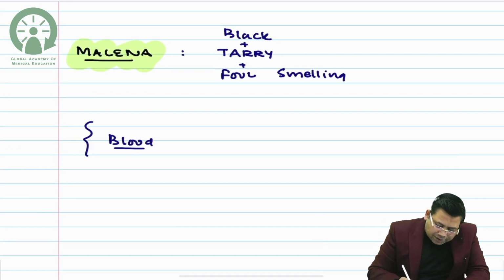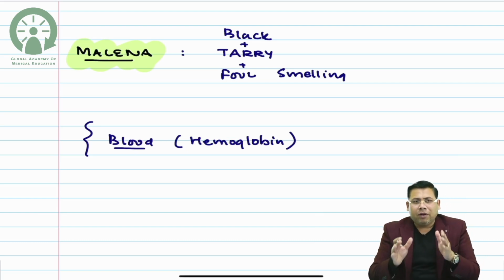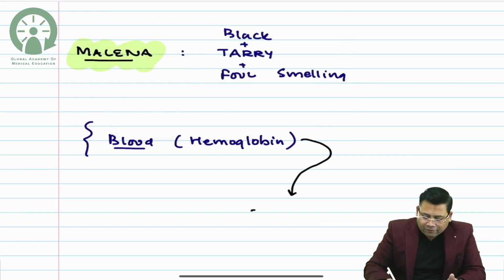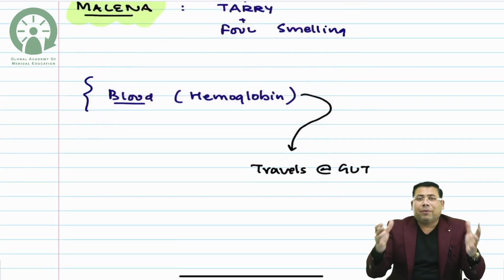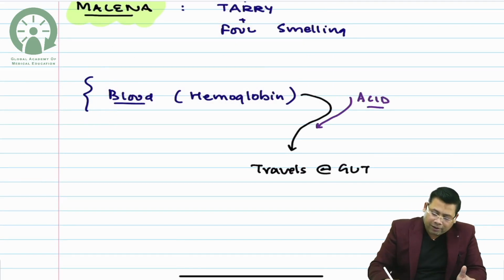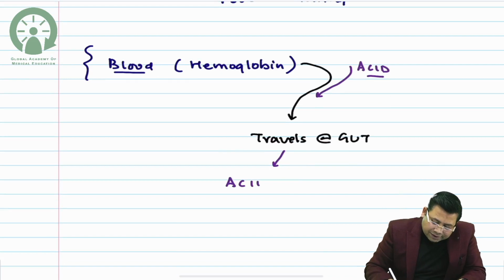Blood contains hemoglobin, and hemoglobin has hemosiderin. When the blood travels into the gut, in the upper GI site of origin there is an interaction of this hemoglobin with the acid, and by the peroxidase activity the hemoglobin is converted into acid hematin.